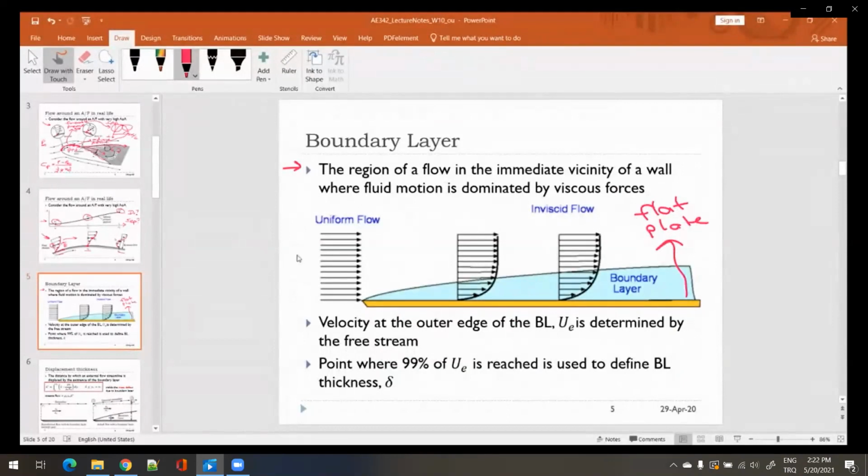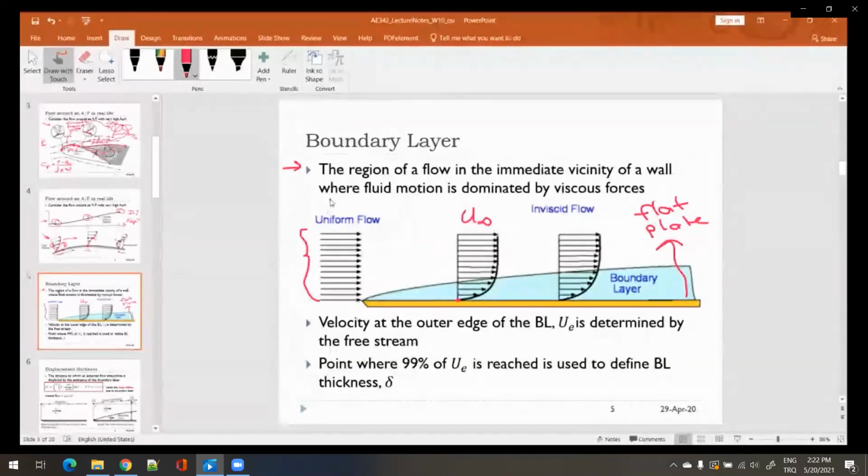So before the flow reaches the solid body, in this case the flat plate, let's say we have a uniform flow with a certain amount of momentum level, a certain amount of kinetic energy that can be calculated. But now, as soon as the fluid particles get in contact with the solid body, starting from the fluid particles that are in touch with the solid body, which will have zero momentum, no slip condition, and at the free stream they will reach some kind of u infinity level.